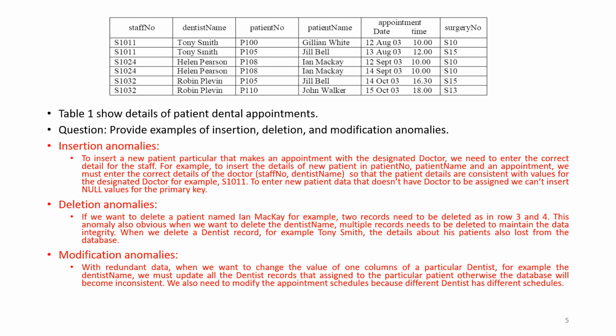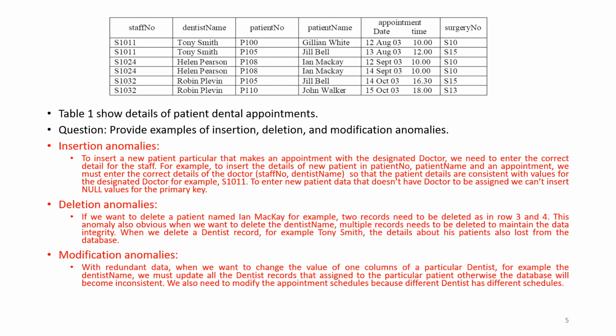The question asks you to provide examples of insertion, deletion, and modification anomalies, which are update anomalies. The suggested solution is given, and you can try to read it and get the hints behind the question and the solution.